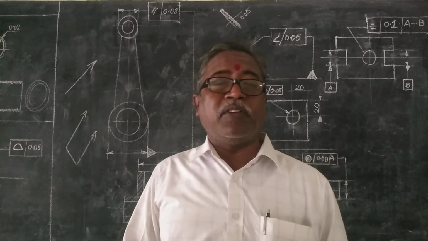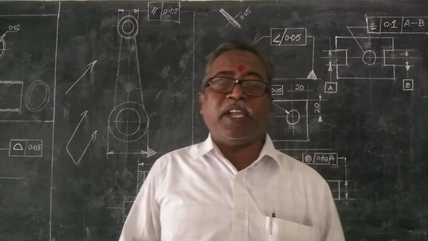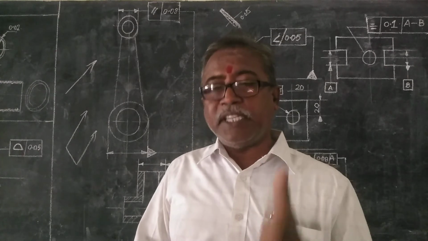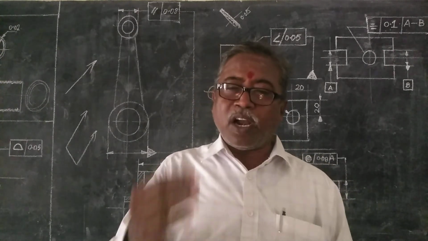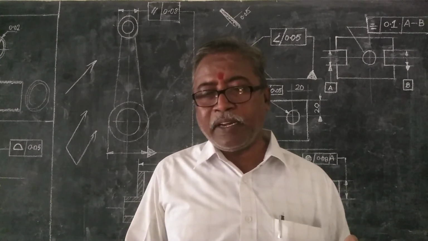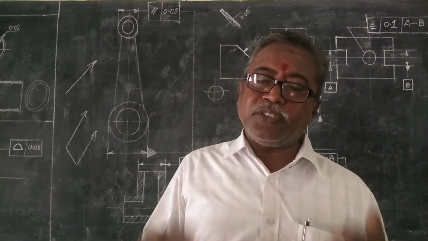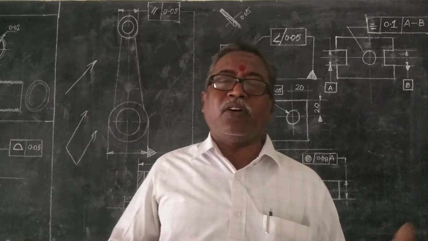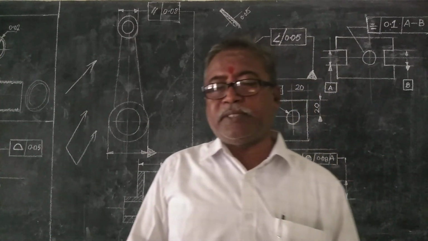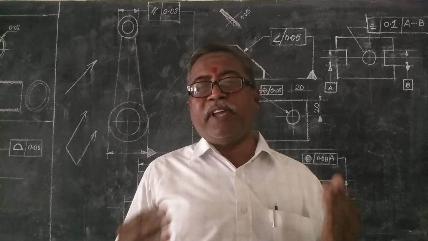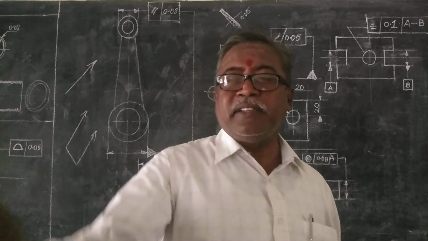If they observe the drawing, you can see the section AA, BB details, slot details, everything will be there. Unless you see the drawing, you cannot find out all these geometrical symbols. Okay, if you have any doubt, you ask me.